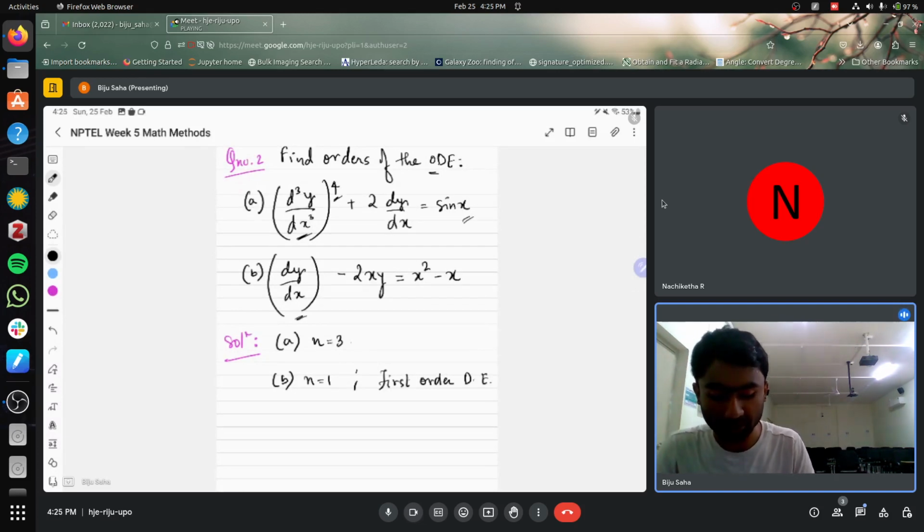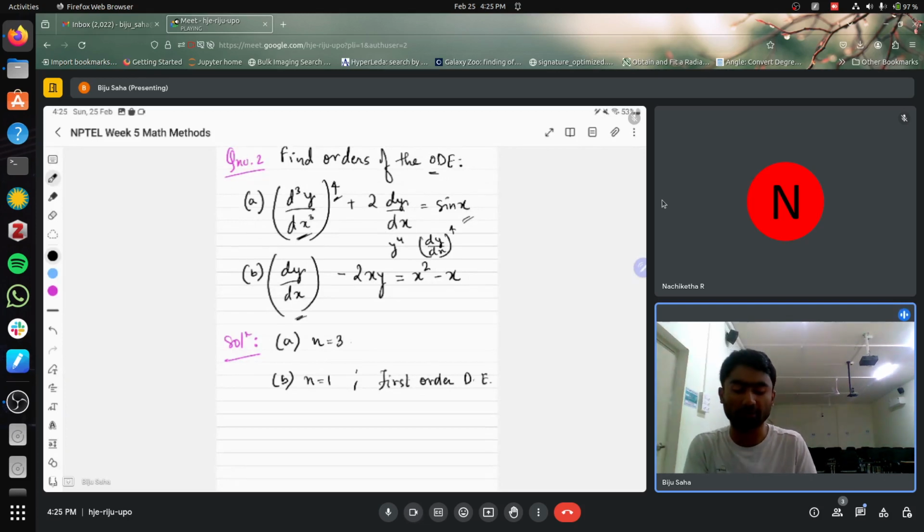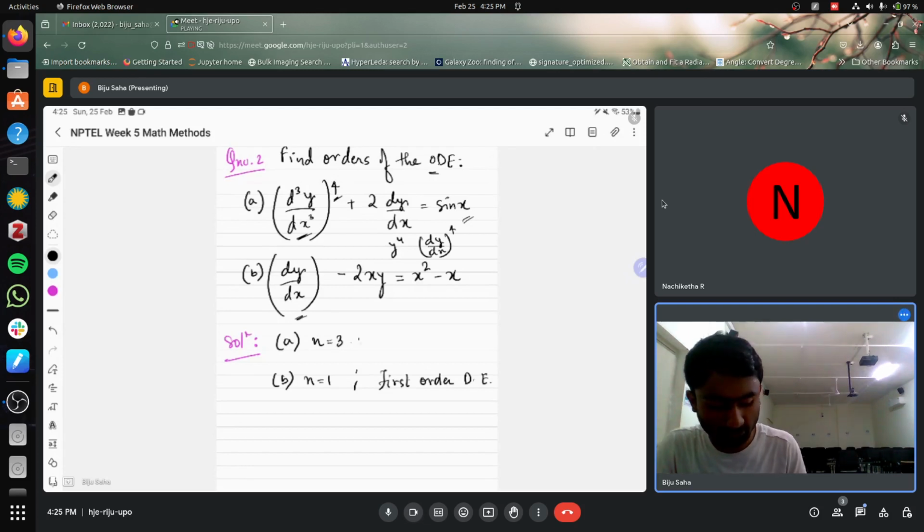Any higher powers involved in the derivative or in the dependent variable, like either y to the power 4, where y is my dependent variable, or dy by dx being raised to power 4, would make the differential equation non-linear. So we will conclude that this is a non-linear differential equation.